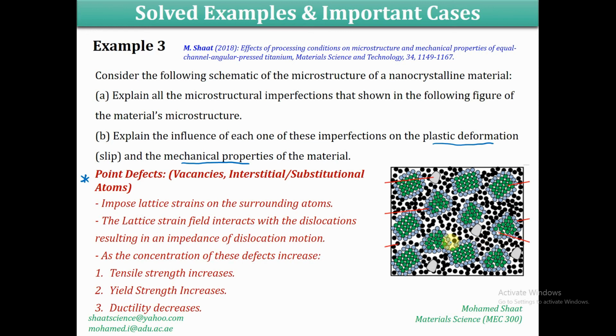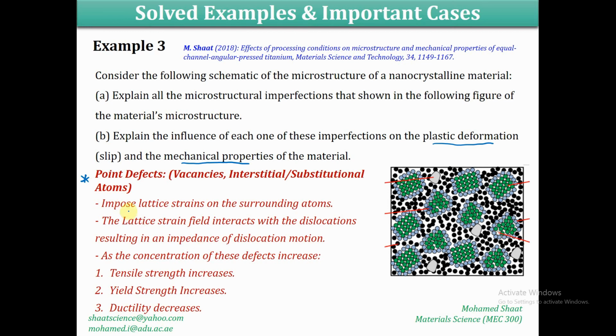But you should understand that these point defects are related to one specific grain. It won't exceed to cover the whole material or even the grain boundary. Here we do have substitutional atoms and vacancies within this grain.